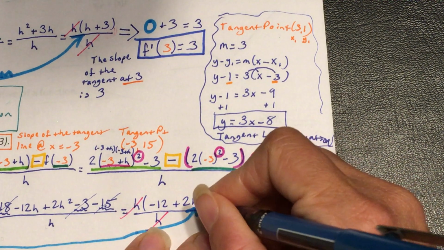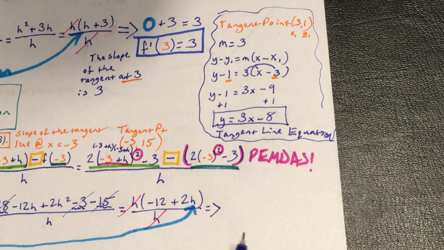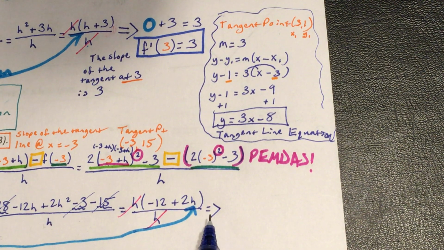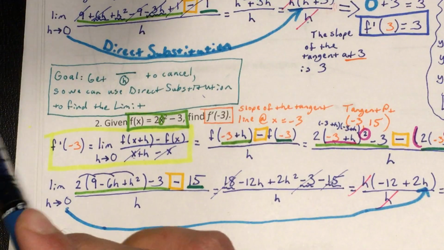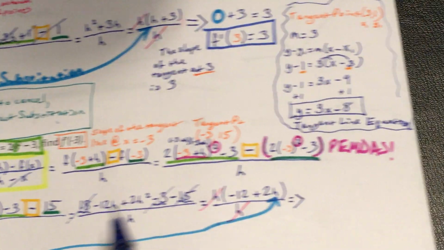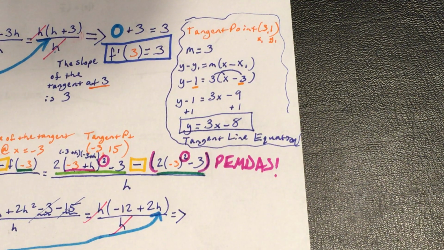So that leaves me with, and notice that I'm changing just my running equal sign to the equal sign with the arrow to show that that limit that we've been carrying through horizontally this whole time, once we do direct substitution, goes away. Once I plug in that 0, I am no longer evaluating that limit. I no longer have that limit notation out in front because I'm evaluating the limit.